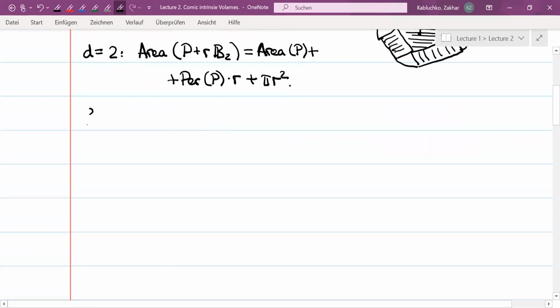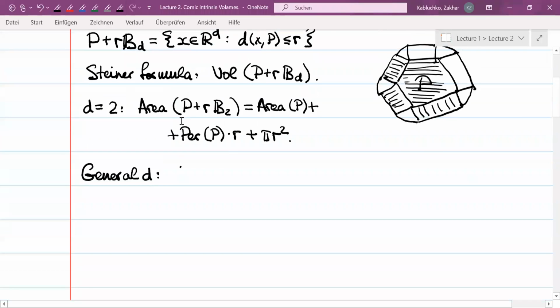So let us state this formula for general D. Or maybe let us derive it.